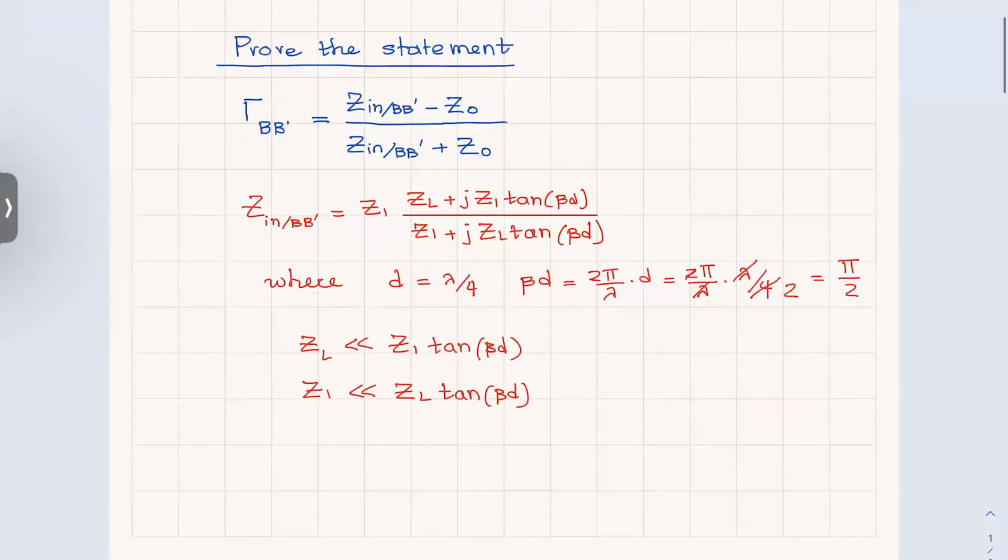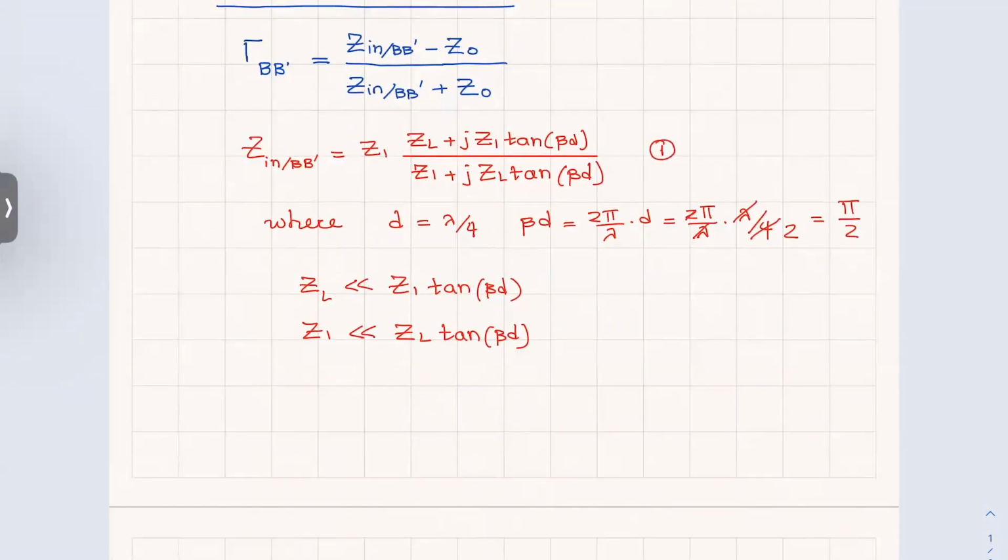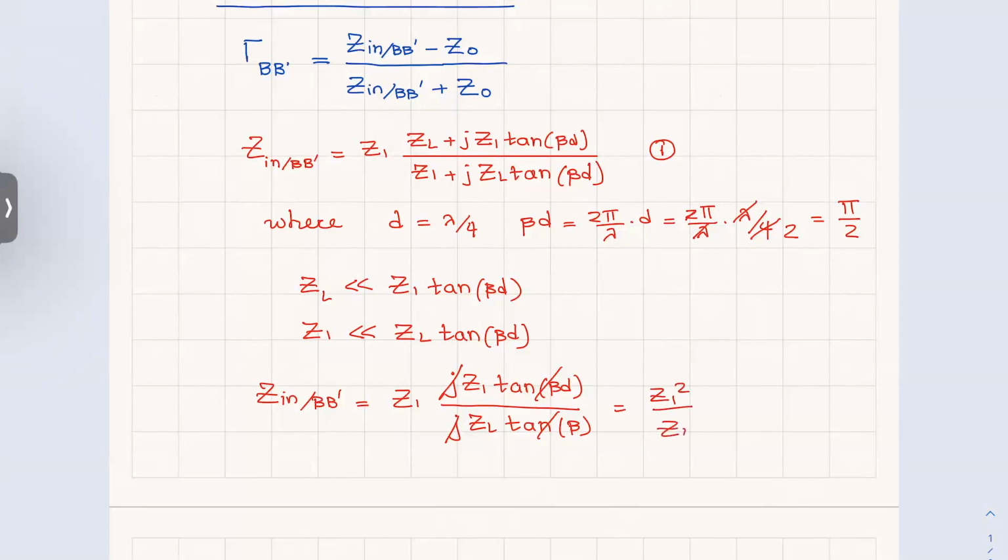Because of that, this equation gives me that Z input at B prime is going to be Z1 times j Z1 tangent beta D divided by j ZL tangent beta D. So this cancels, and that gives Z1 squared over ZL.